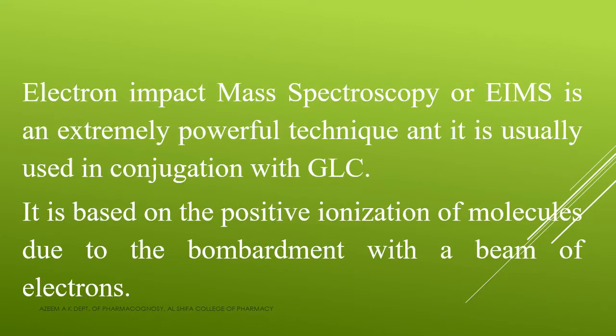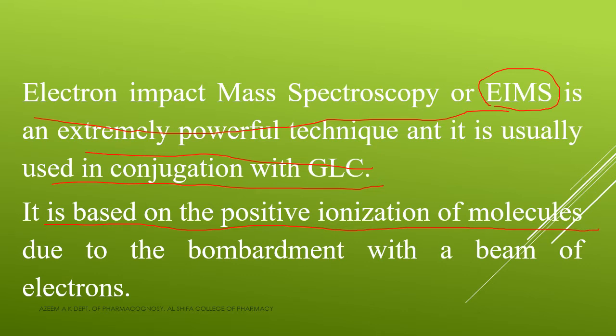Clear? So nowadays electron impact mass spectrophotometry is used, that is EIMS or electron impact mass spectrophotometer, and this is a powerful technique, usually used in conjunction with GLC or gas liquid chromatography. This is an advanced instrument, based on the positive ionization of molecules, and it is due to the bombardment with a beam of electrons.